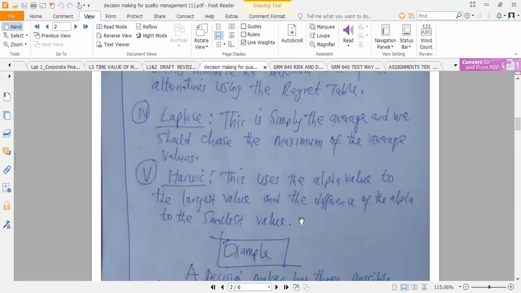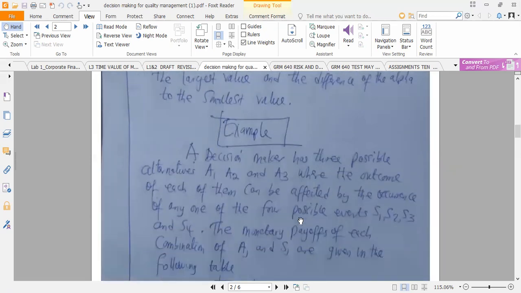Now, whatever I have just mentioned now, I'll give you an example where a decision maker has three possible alternatives. We have alternative 1, A1, A2, and A3, where the outcome of each of them can be affected by the occurrence of any one of the four states of nature.